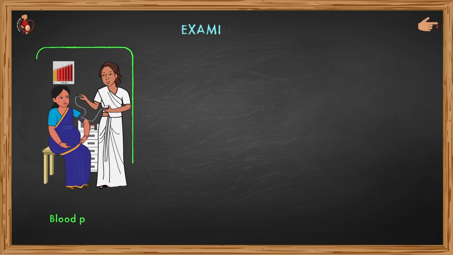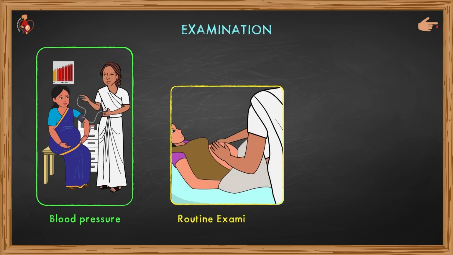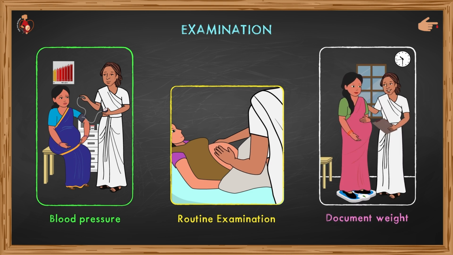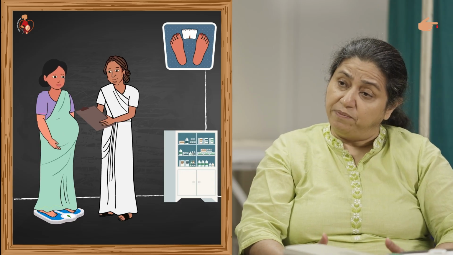It starts from the blood pressure recording, and then looking at the woman completely, making sure that the weight is documented, there is no considerable increase in the weight, and then examining the obstetric part where you can see that the baby is growing too much in size, for which a referral has to be made. So all this examination is needed, and then every woman, irrespective of the high risk, needs to go for the screening for gestational diabetes, which is in the form of OGTT with 75 grams of glucose.